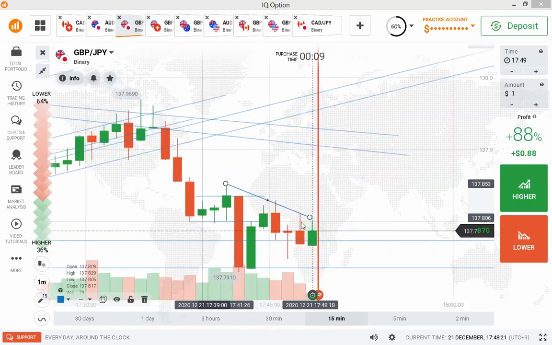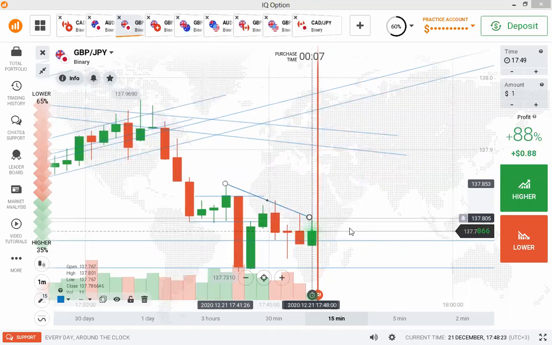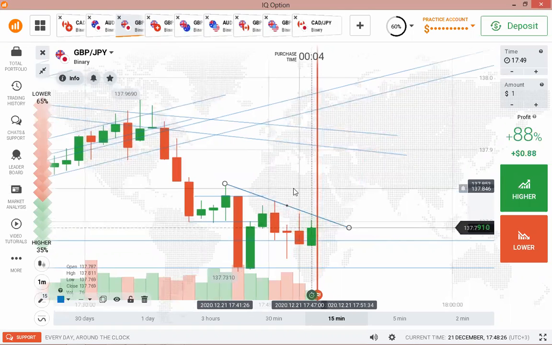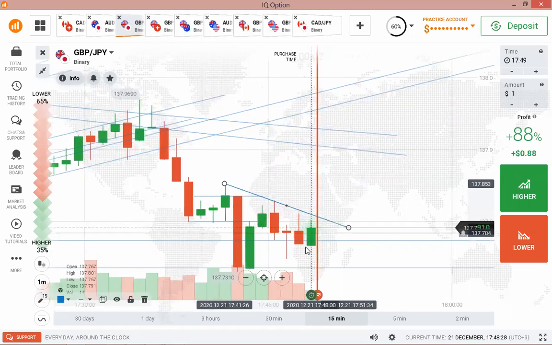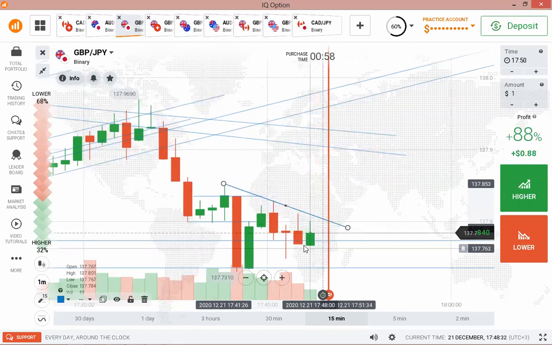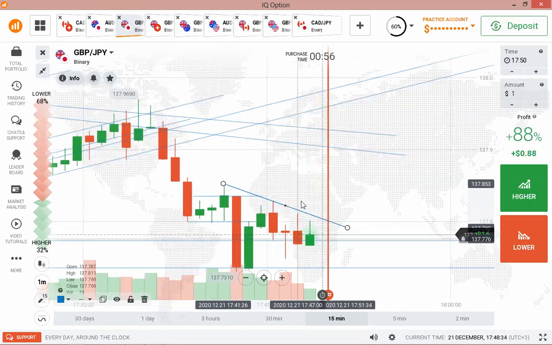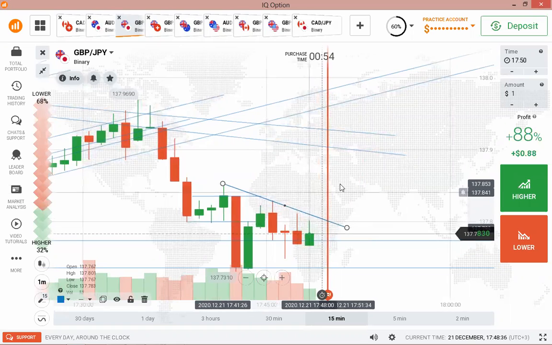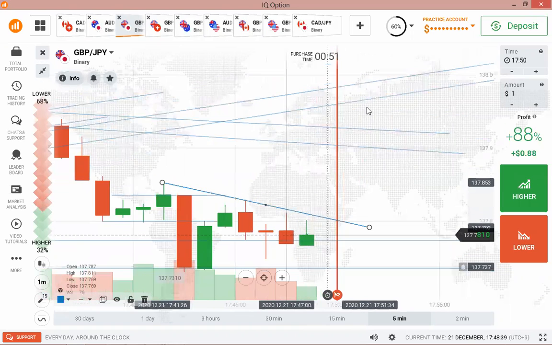So if buyers now break this line, the market is going to continue. Now you see it's very close to this support area, and I'm expecting the second shoulder here.